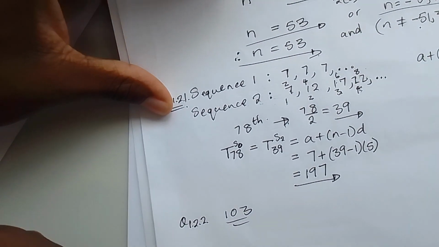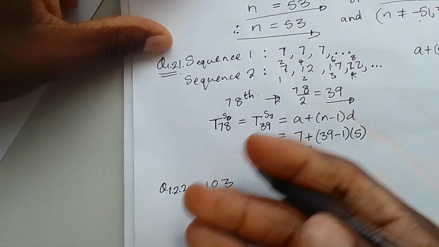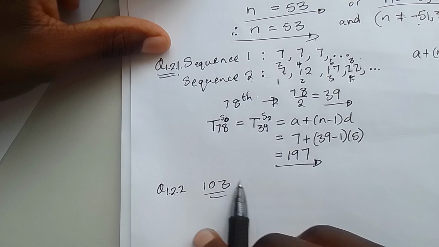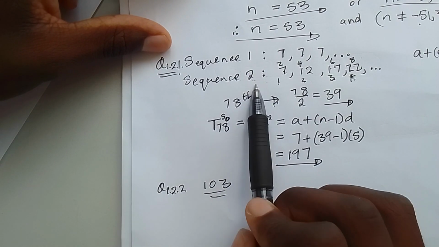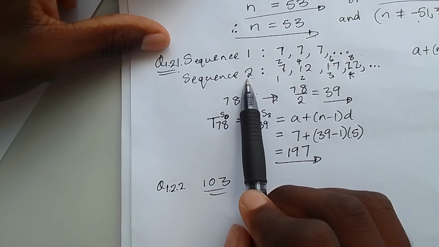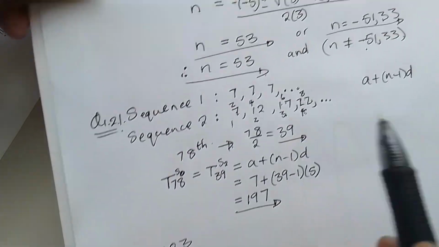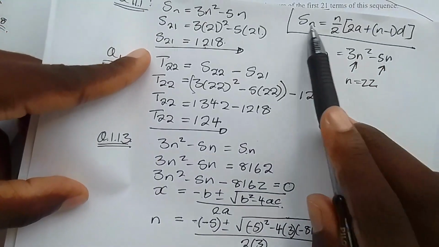What you notice is the 7s are just going to add together. It's just going to be 7 plus 7 plus 7 plus 7 up until we get to this. But for sequence number 2, we need to use the sum for an arithmetic sequence, which is, where is it? This one.